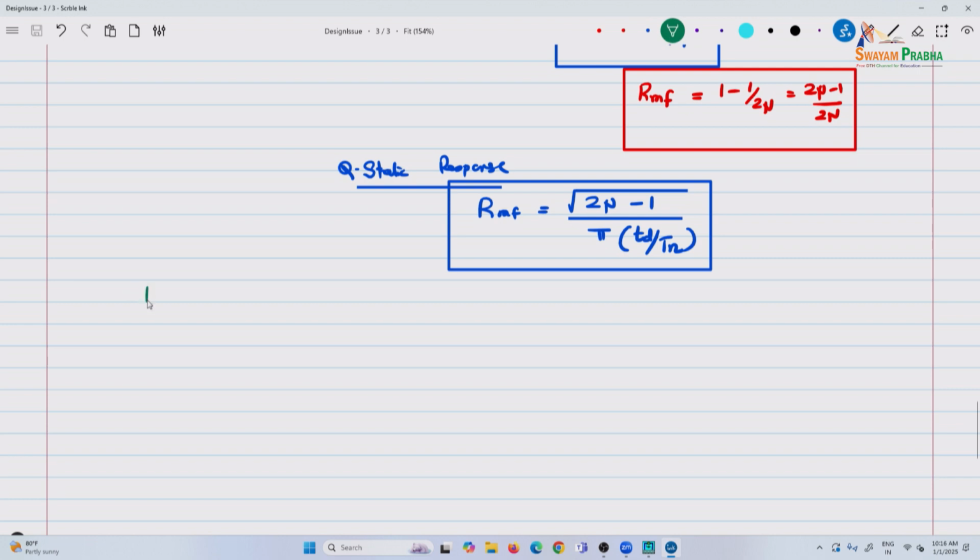So in design, let's say you're given a theta max and or a mu max.